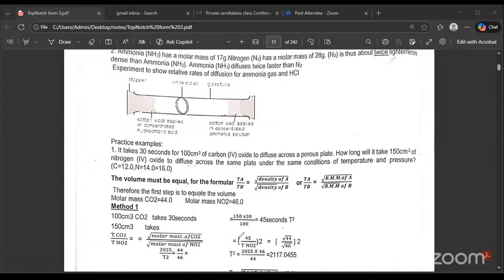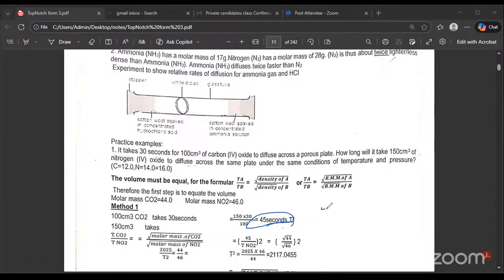So we have the time for carbon dioxide, which was 45 seconds. So 45 over the time for nitrogen peroxide is equal to, I want to remove the square root first, so that I show you.